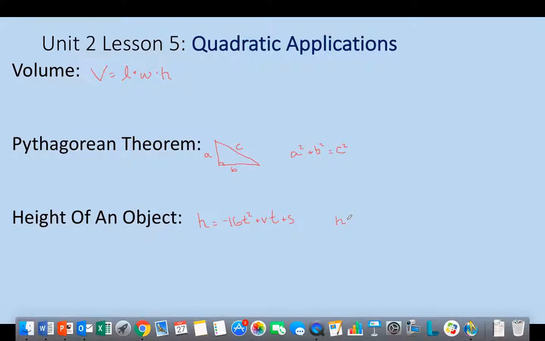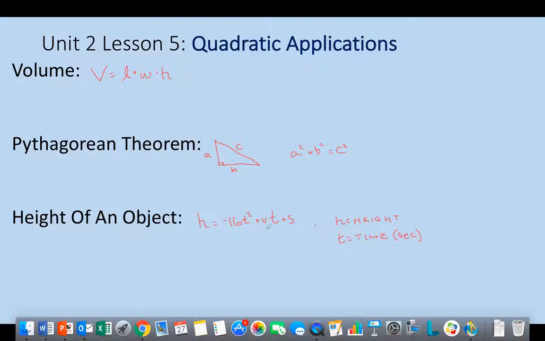The h stands for the height of an object, and the independent variable that goes with it is t, so that would be time, usually measured in seconds.